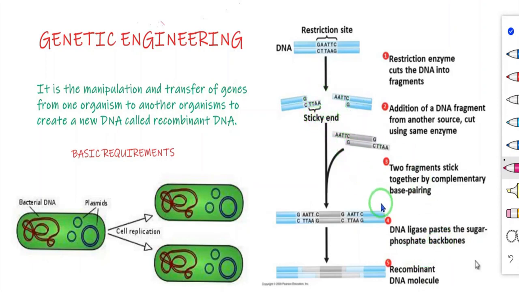With the help of DNA ligase, we can paste or join the two fragments. So at last we got the recombinant DNA molecule. So these are the three basic requirements: first plasmid, second restriction enzymes, third DNA ligase.